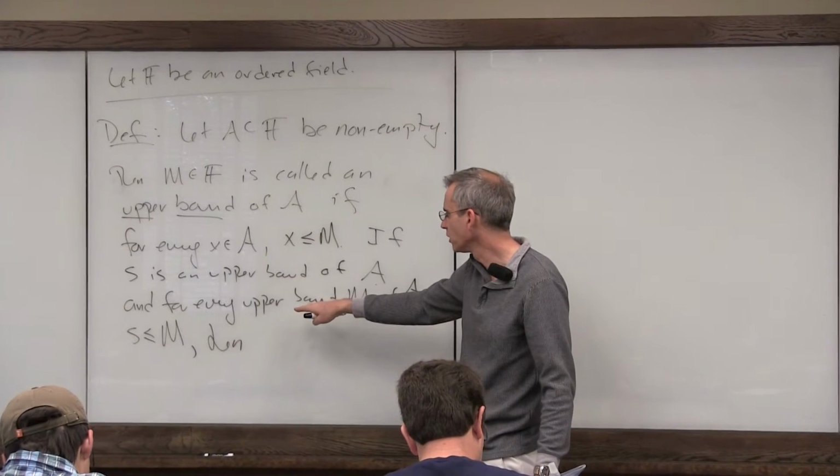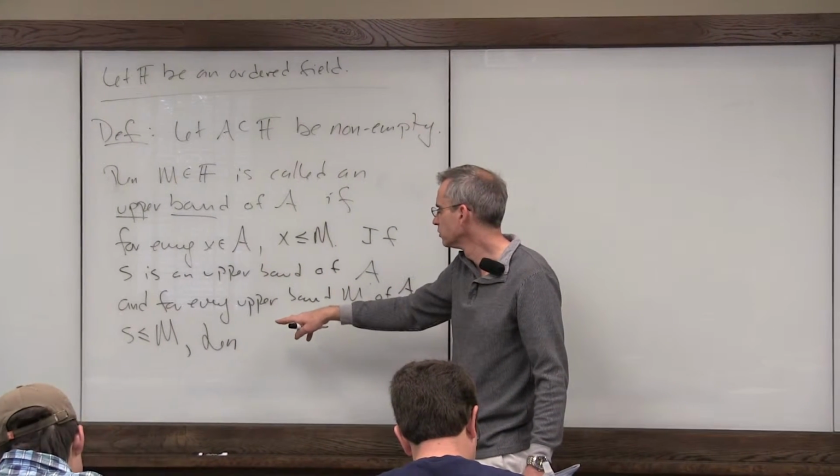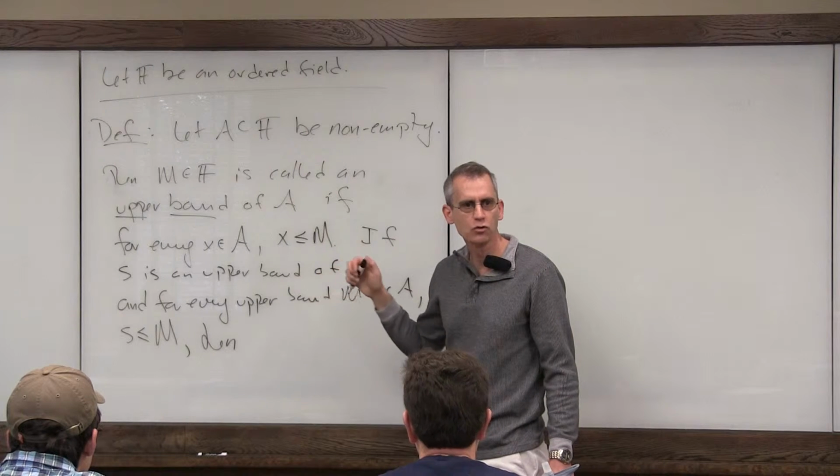If you have an upper bound that's less than or equal to every other upper bound, what did you call that?